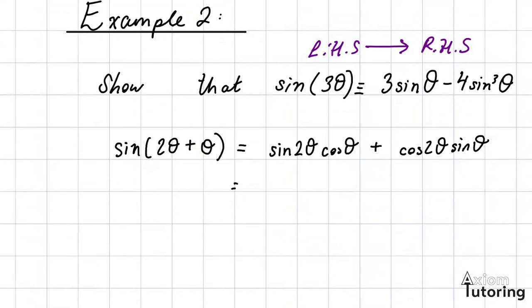So we can write sine of 2 theta as 2 sine theta cos theta times cos theta, and then plus, okay, cos 2 theta sine theta. Well, we can see that in our example here, we have sine cubed theta and sine theta on the right-hand side.